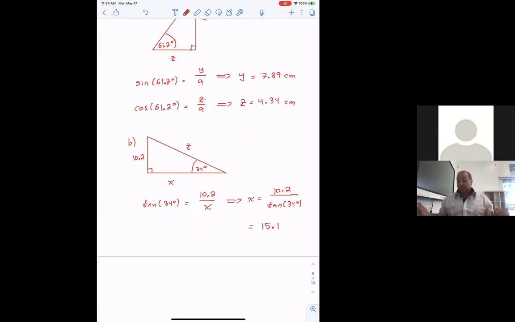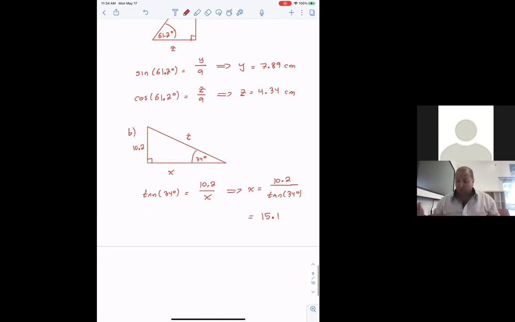Again, now that I have X, I can use the Pythagorean theorem, or I can say, well, now I want to find Z. I'll use trigonometry because that's what this section is all about. 10.2 is opposite. I want Z. I'll use sine. Of course, you can say, well, I know X is 15.1 now. Why can't I use cosine? And the answer is you can. Nothing wrong with that. Just make sure you don't round until the end. But I'm going to use sine. That way I don't have to worry about rounding, because if you look at my equation here, there's nothing to round.